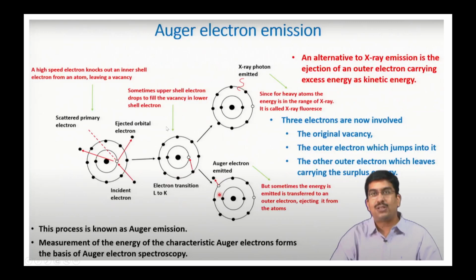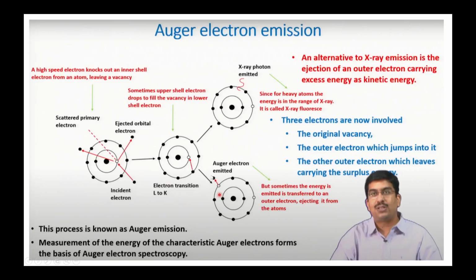This is the process of how your Auger electrons come. This is your high speed electron knocking out the inner shell electron from an atom. Okay, now a vacancy is created. Now an upper shell electron will come and fill this vacancy. So in this process, what will happen?